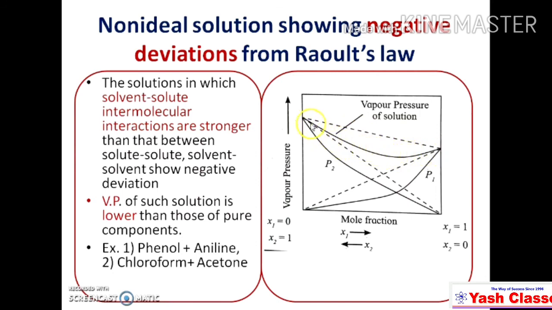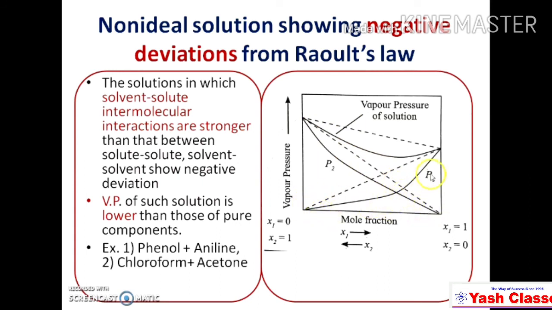and therefore it shows the negative deviation. Now here you can see the solid line represents the actual total pressure after preparation of the solution, and this dotted line shows the ideal behavior. Similarly, this solid line shows the negative deviation of the partial pressure of component A2 as compared to the ideal behavior shown by this dotted line.